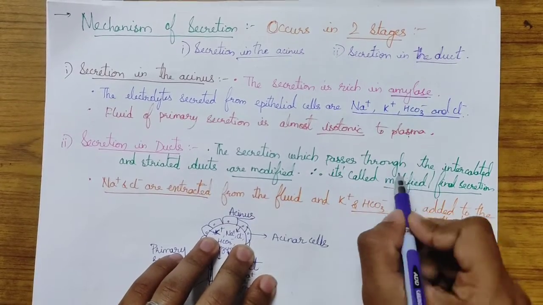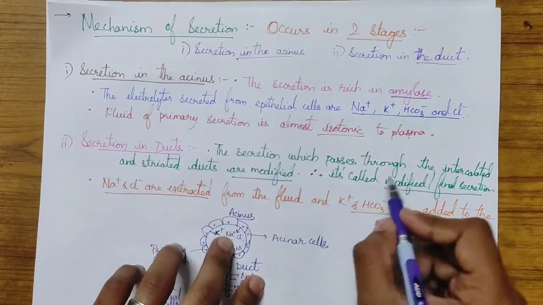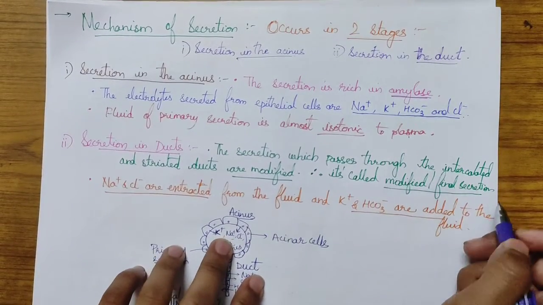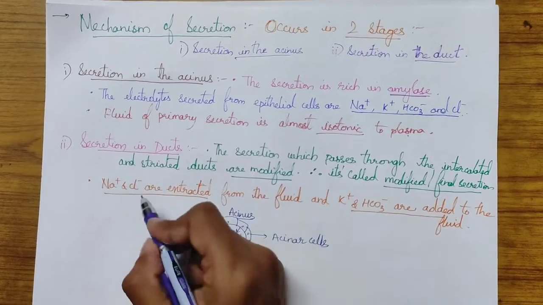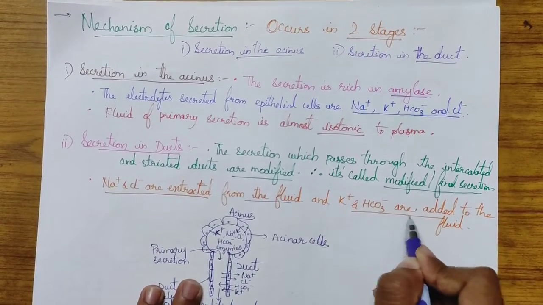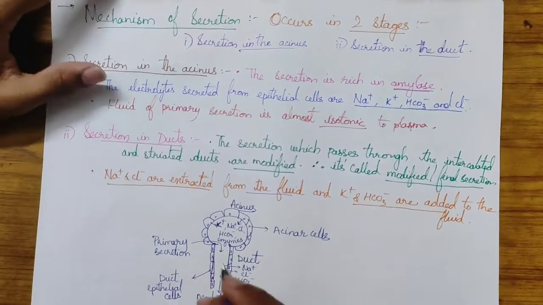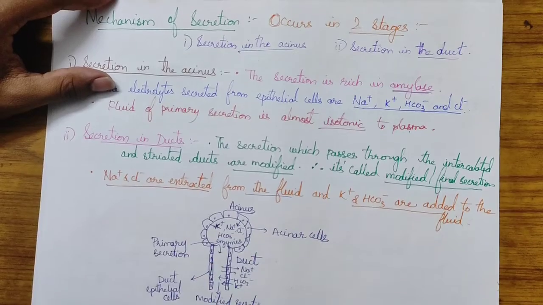This secretion which passes through the intercalated and striated ducts is modified. Therefore it's called modified or final secretion. How is it modified? The Na and Cl are extracted from the fluid and the K plus and HCO3- are added to the fluid. So it becomes alkaline while passing through the ducts.